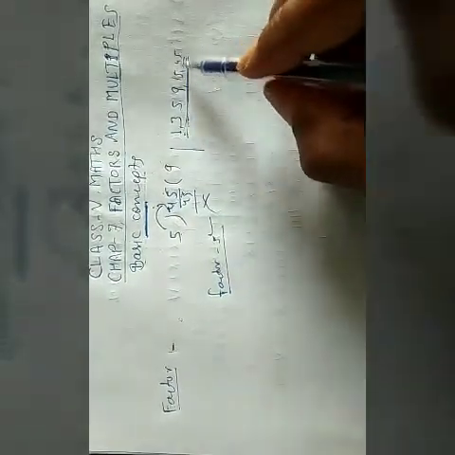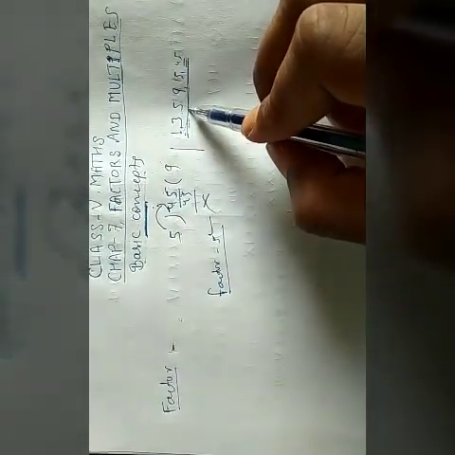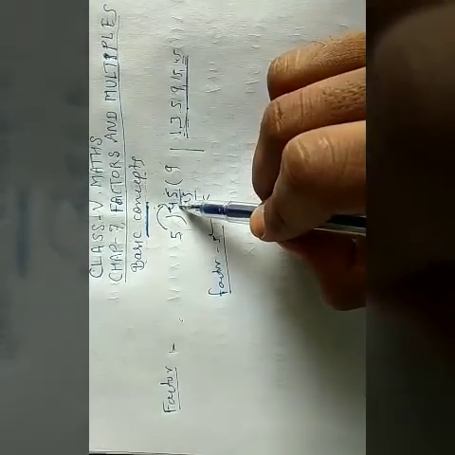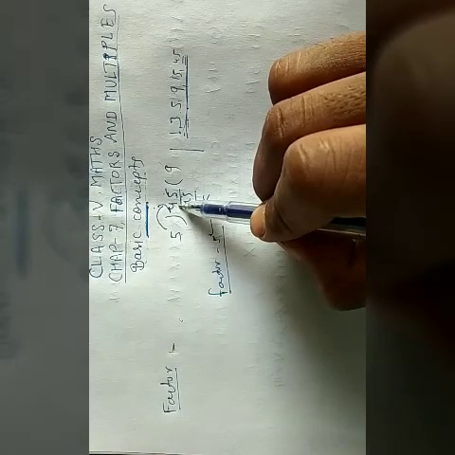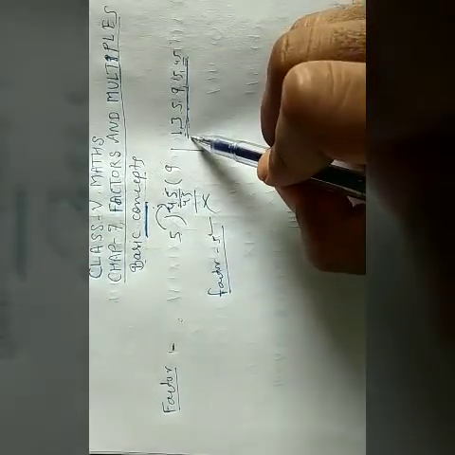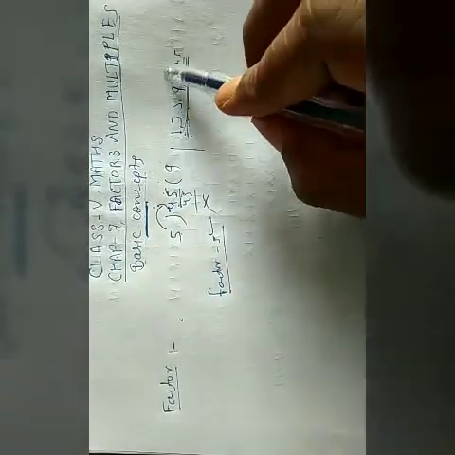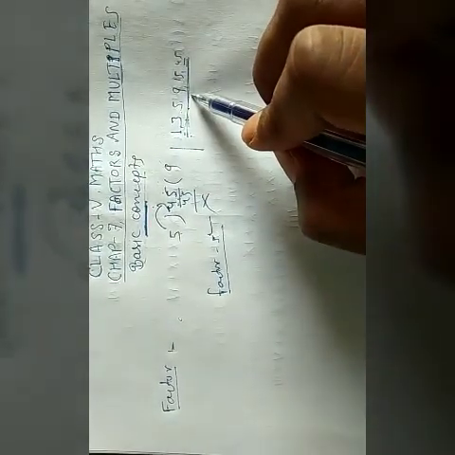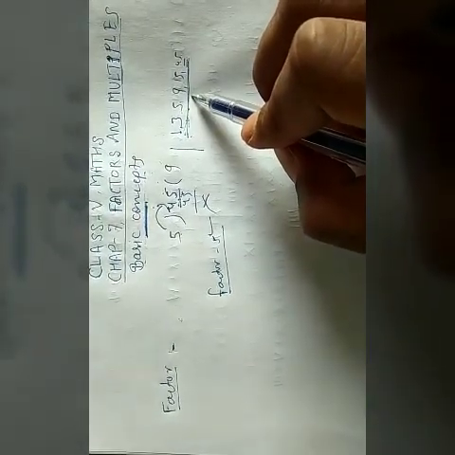So all these numbers are called the factors of 45. The definition of factor is: a factor of a number is a number which completely divides the given number. In this case, these numbers completely divide 45, so these numbers are called factors of a given number.